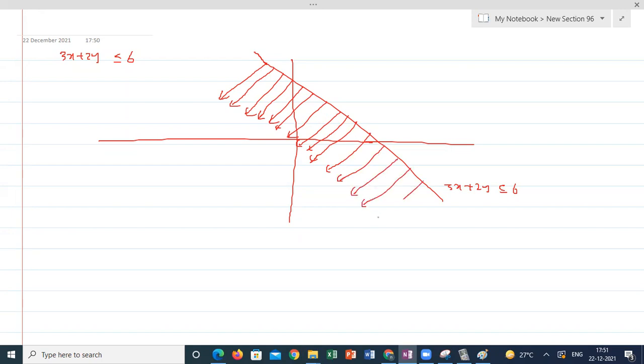This represents equality. The difference between less than and less than or equal to is only contact with the line or no contact with the line. This is the standard way of representing it. If you see a few books, it may be a little different, but in NCERT we use this kind of representation.